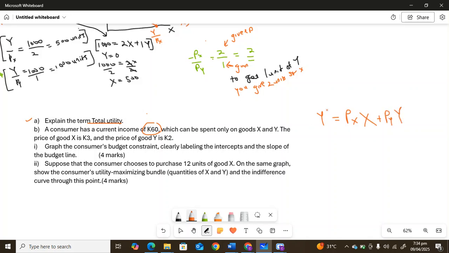I'll put a prime here to distinguish this. These Y's are different, they are not the same. This Y is the income. This other Y is the quantity of good Y. So our income in this case is 60 kwacha.